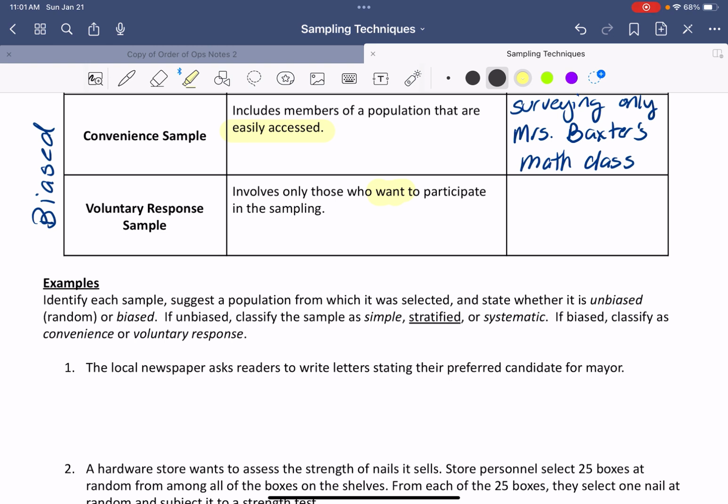I know your parents have probably gotten phone calls, and for example, it is a political season, right? Somebody from the national party is calling to see if you are going to support their candidate. So what do you think their results are going to tell them? Well, it's a little bit biased, right?